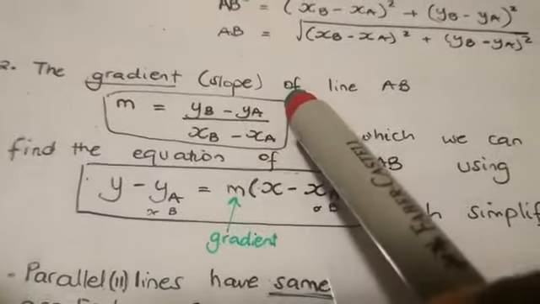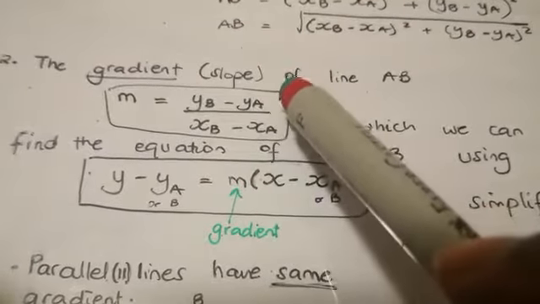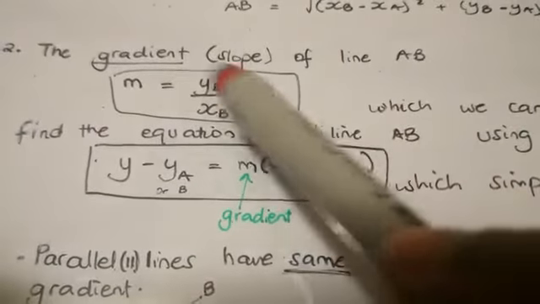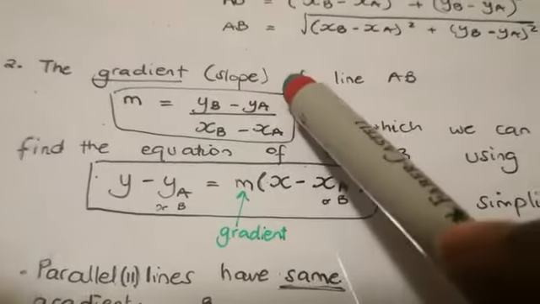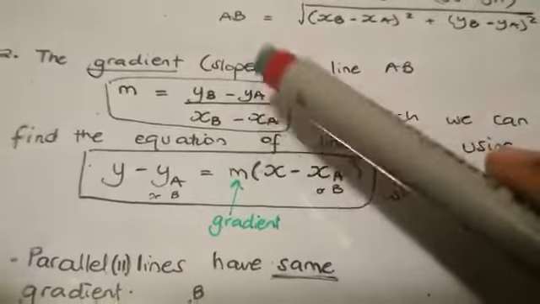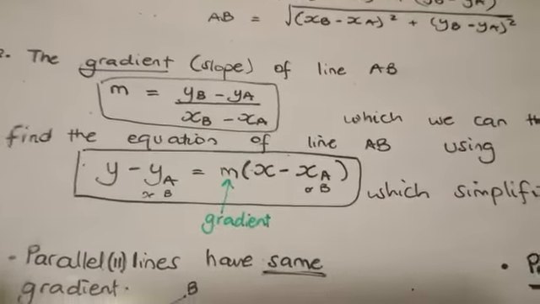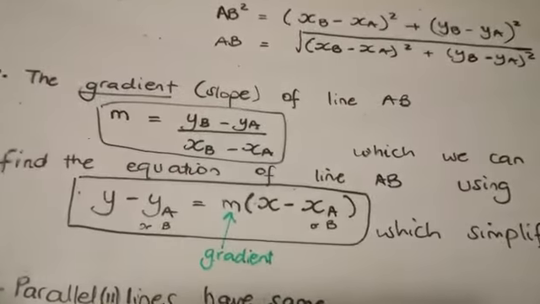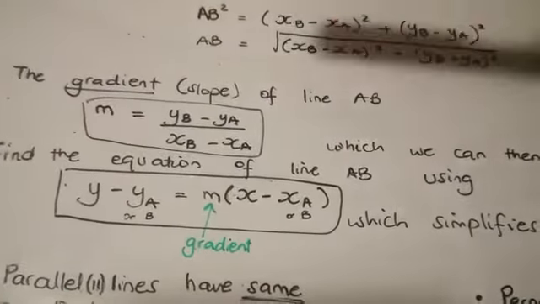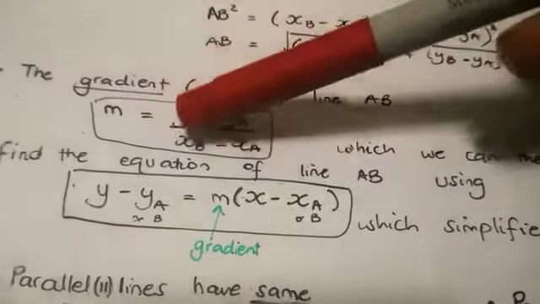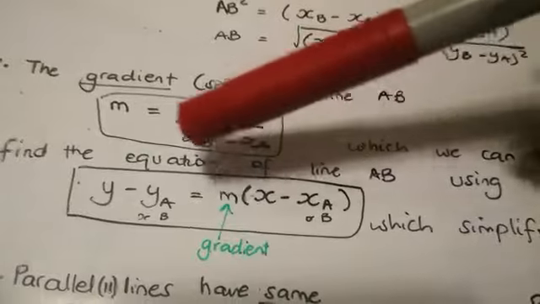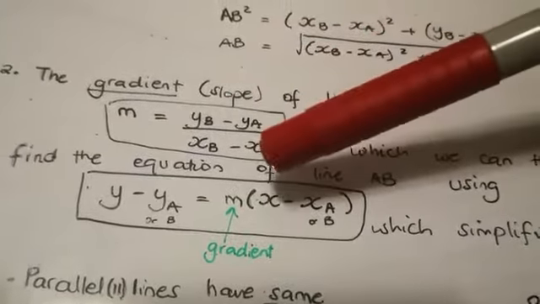When you calculate, remember it is rise over run, so it's always the y values first before the x values. Please don't forget that, because if you mess this up, then it messes up everything else that needs the gradient. So the gradient of a line is m = (yB - yA) / (xB - xA).